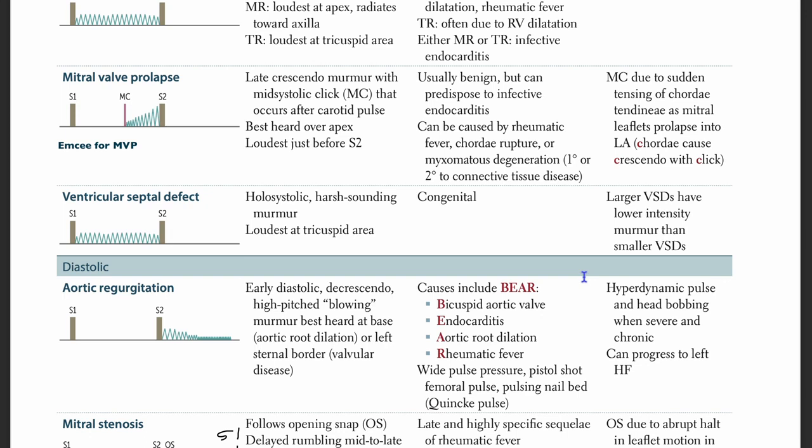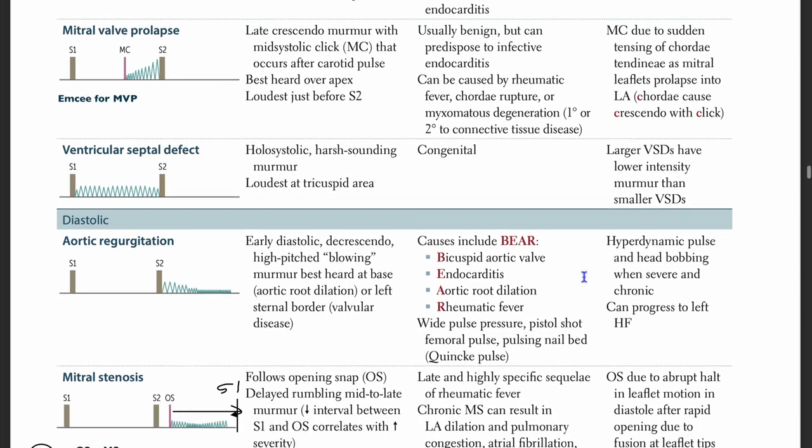Acute AR is infective endocarditis. Chronic AR is bicuspid aortic valve and connective tissue disease. You'll figure this out. Just remember, infective endocarditis is for AR, right? Bayer. If you remember Bayer, then it's part of the E. It's Bayer.